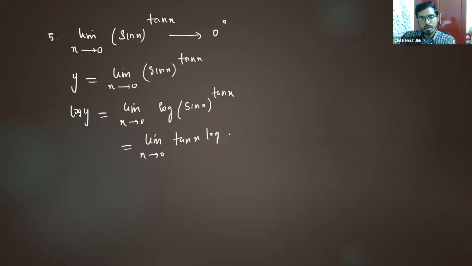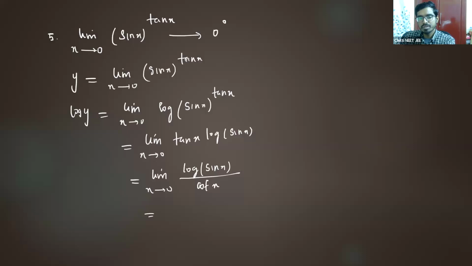So this is limit x tending to 0, log of sin x whole divided by, what we can do is, let us write this tan x as cot x, right? Cot x.